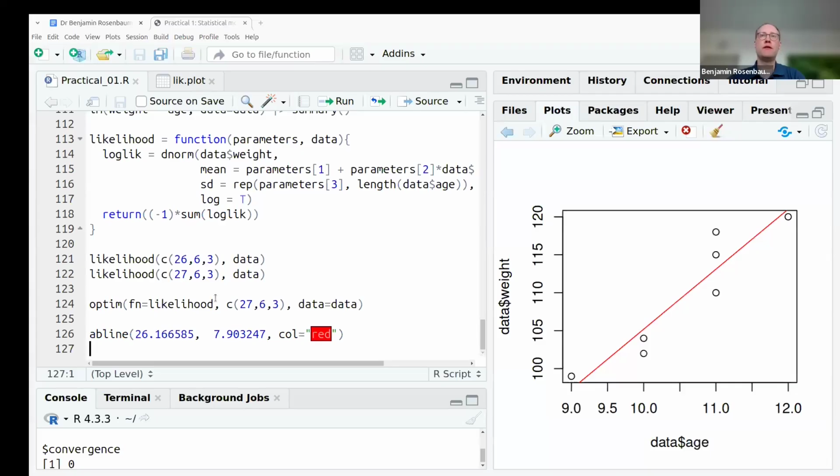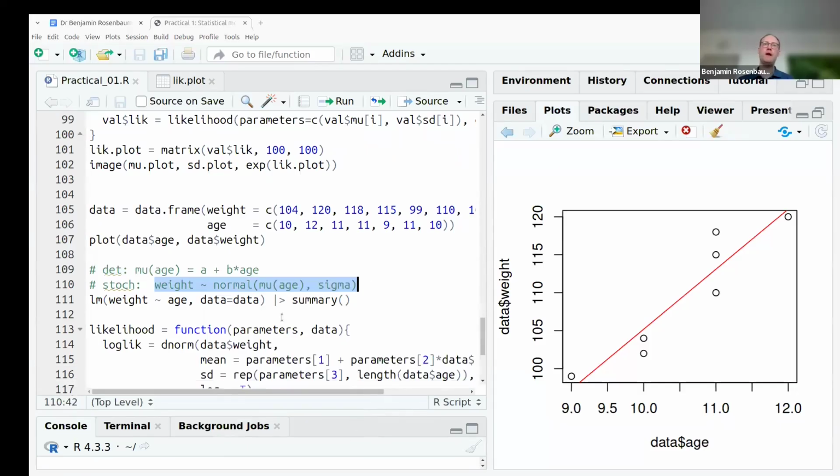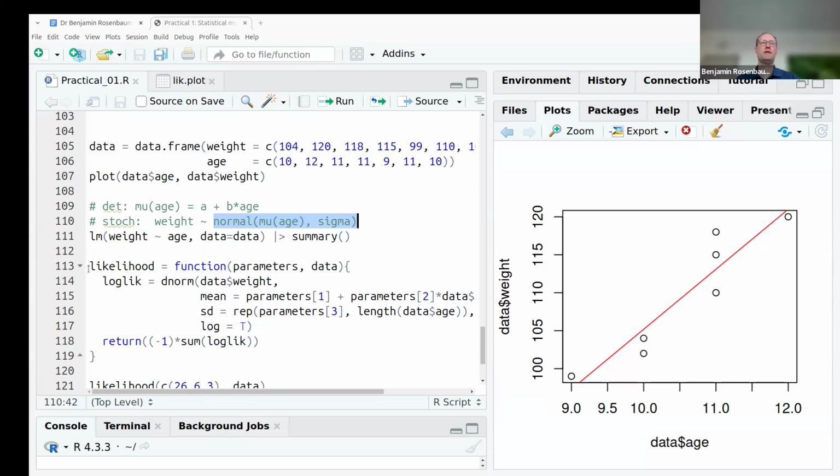I wanted to show you that whenever you have a statistical model, which is given by some deterministic part and some stochastic part, you can always define a likelihood function. And the likelihood function is already given by how the data is distributed around the mean prediction. You can always define a likelihood function, but it is now a function of all the parameters, right?